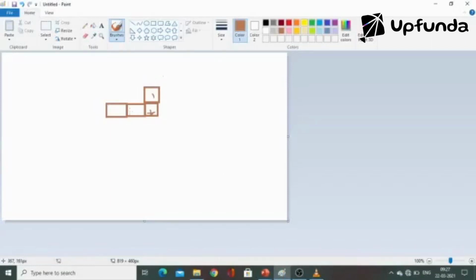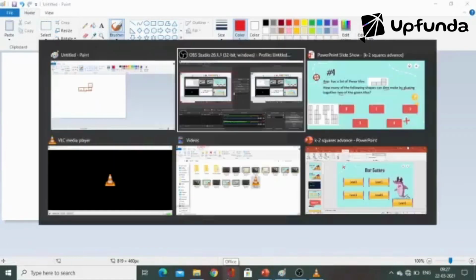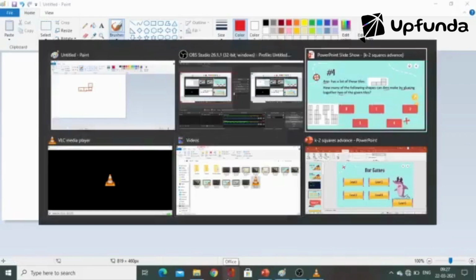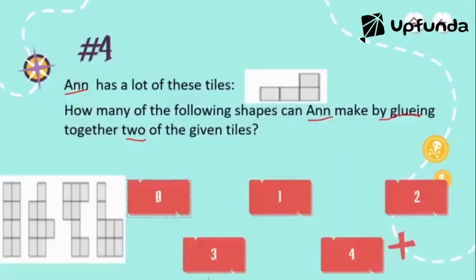There are 4 types of cubes which are added to make a shape like this, and they are asking if they join a shape of these tiles with this, how many more shapes like this she can build.